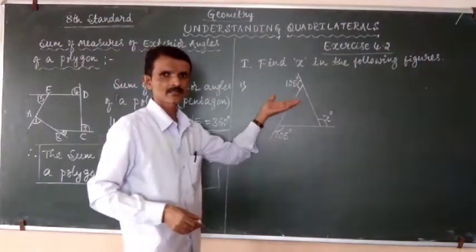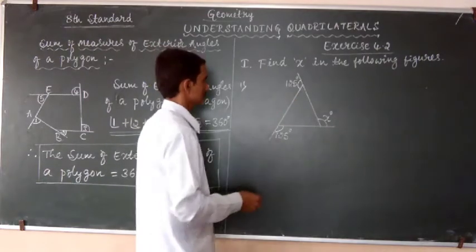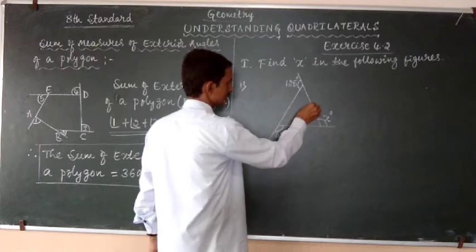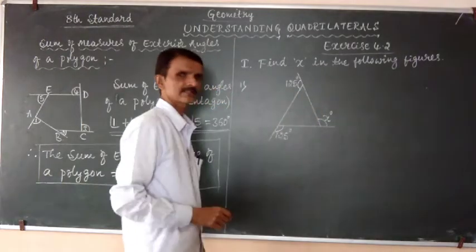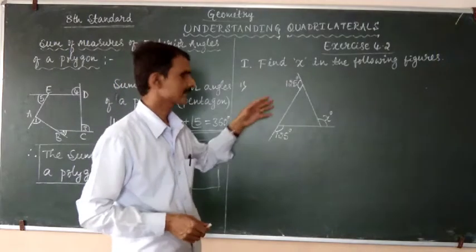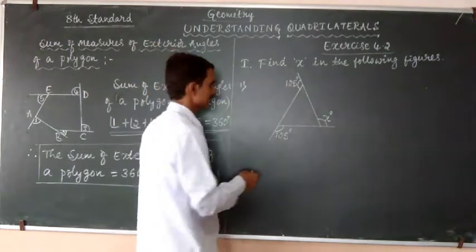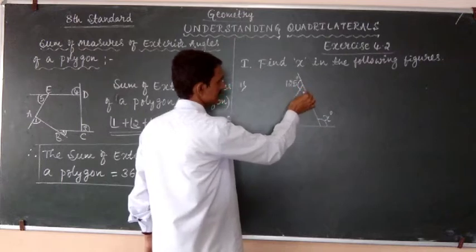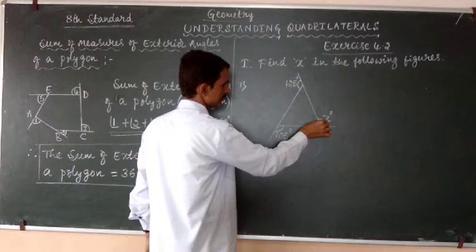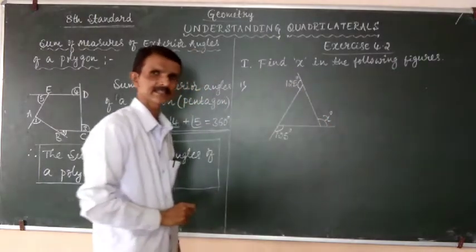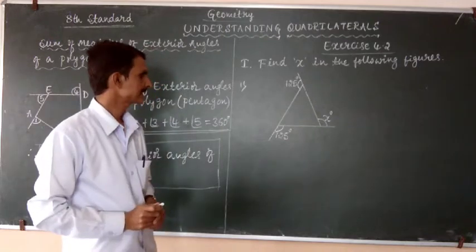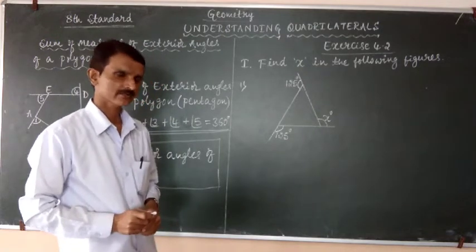Now students, observe this figure. This polygon has three sides, 1, 2, 3. If a polygon contains three sides, what do you call that polygon? Yes, it is a triangle. For this triangle, the exterior angles are 125 degrees, here also 125 degrees, and here x degrees. That exterior angle we have to calculate.